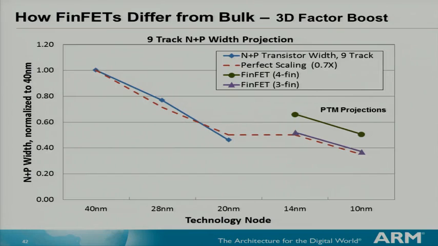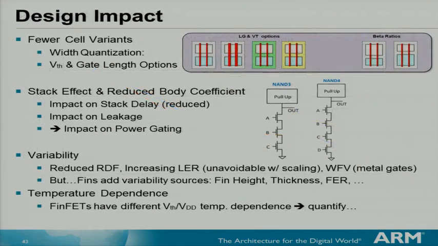So basically, you have more drive strength, more capacitance, and hence you need to optimize your library accordingly. So these are for 4 fin per FET projections, and this is 3 fins per FET. So in your standard cell library, you just have 3 fins, not 4, per NFET and PFET.